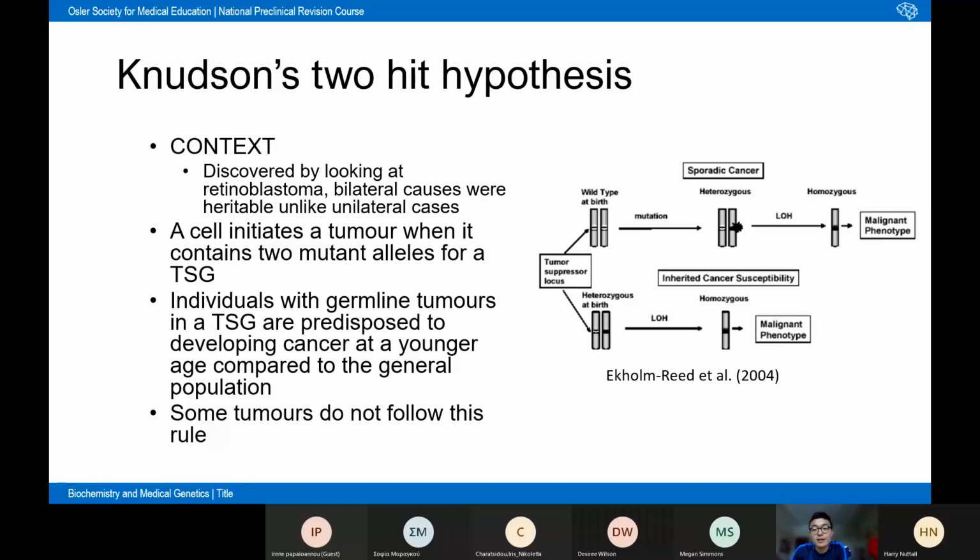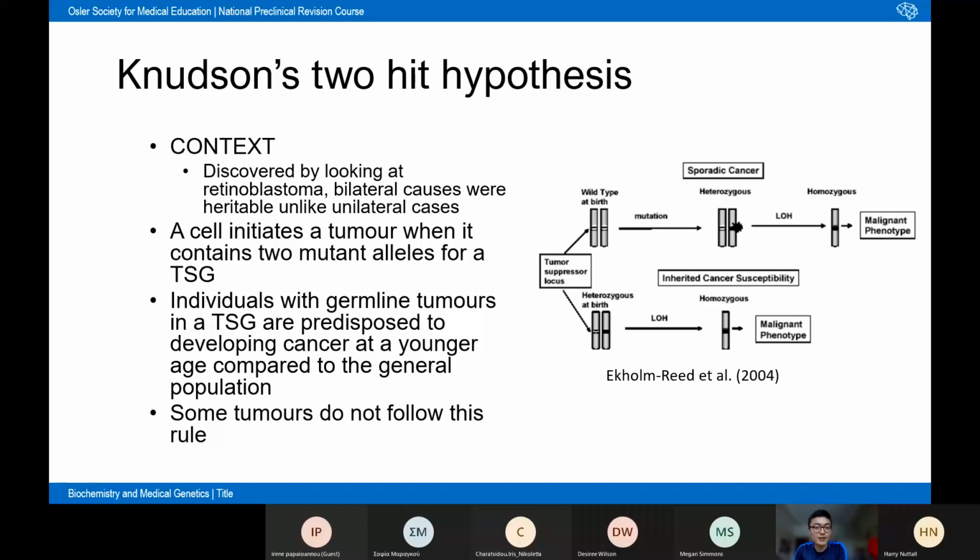This led Knudson to suggest that bilateral cases may already have one mutation within the gene responsible for retinoblastoma, and therefore there's a double hit event whereby you require 2 mutations of a tumor suppressor gene for the disease to manifest, and in bilateral cases of retinoblastoma, 1 copy was already knocked out. So bilateral cases tend to be heritable, unlike unilateral cases.